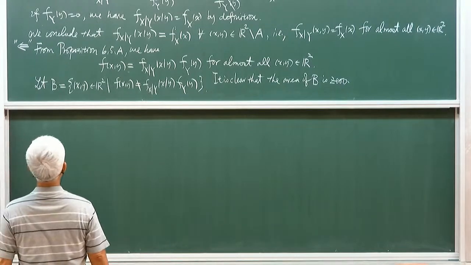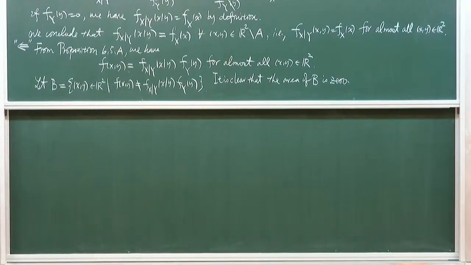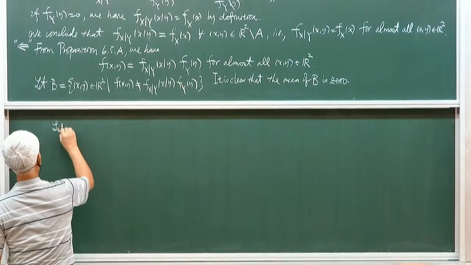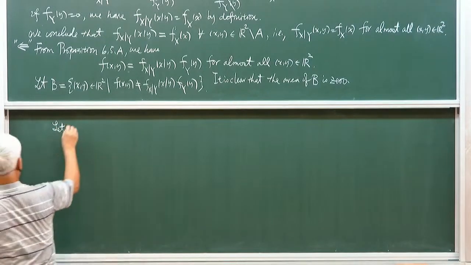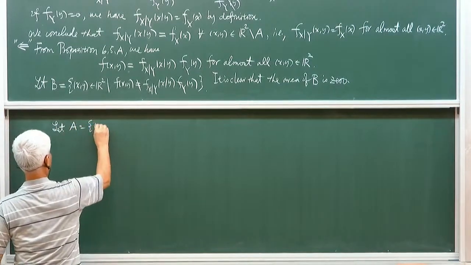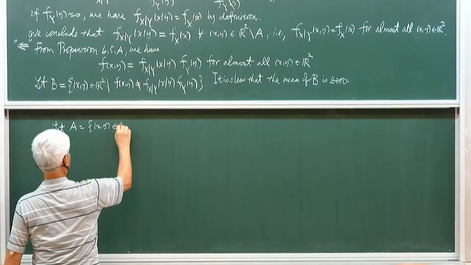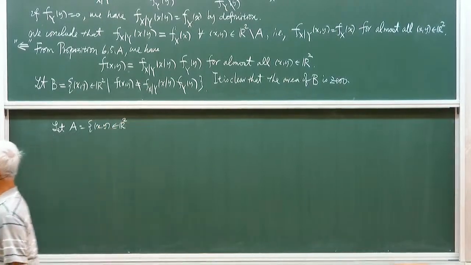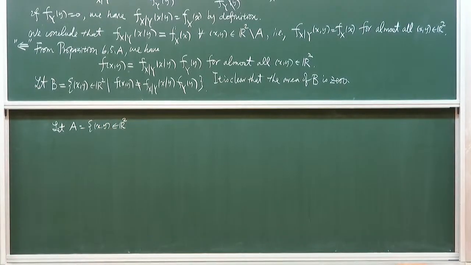Okay? Now, we have this condition, right? Because we want to show this is sufficient. So we let A be the point. Okay, we have already shown here, right?